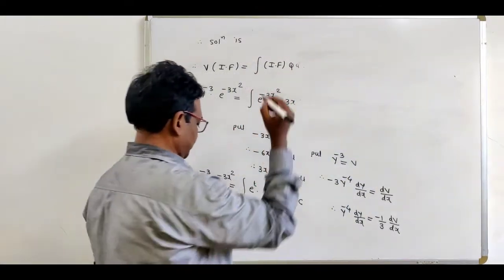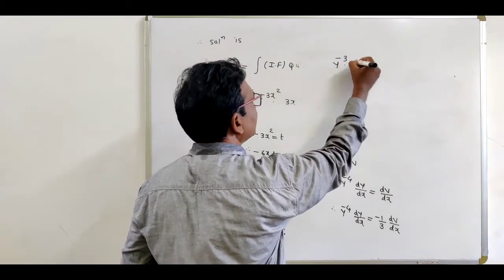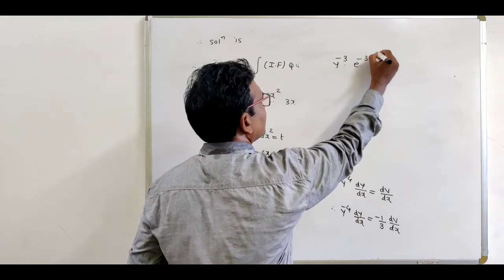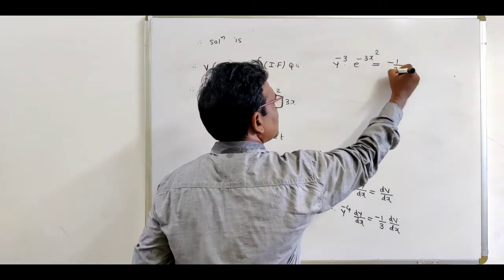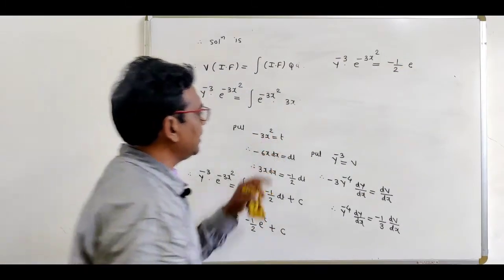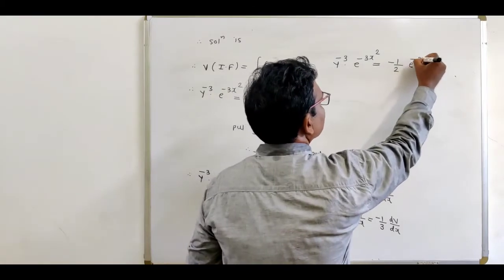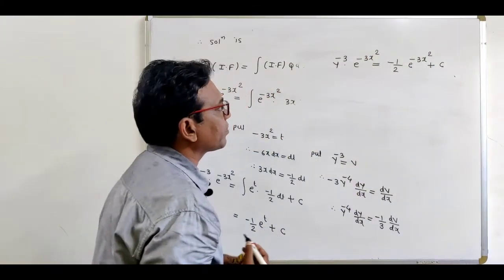So just put the values. y raised to -3 into e raised to -3x square is equal to -1/2 e raised to, now what is the value of t? t is our -3x square, plus constant of integration.